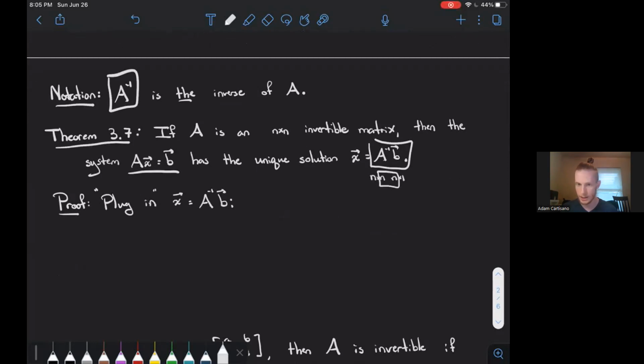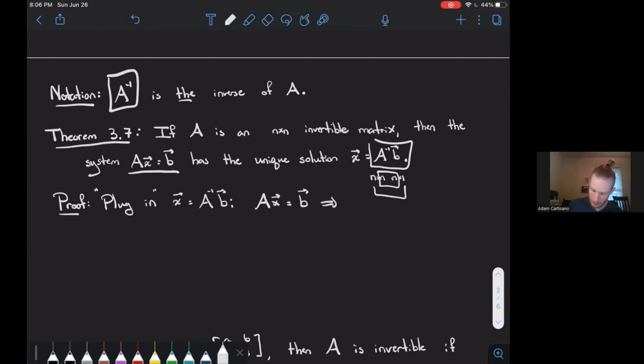Matrix multiplication says that we're allowed to multiply them, and the dimensions of the output are n by 1. So it's a column vector. The dimensions work out, and so we can plug it in for X. In other words, AX equals B.